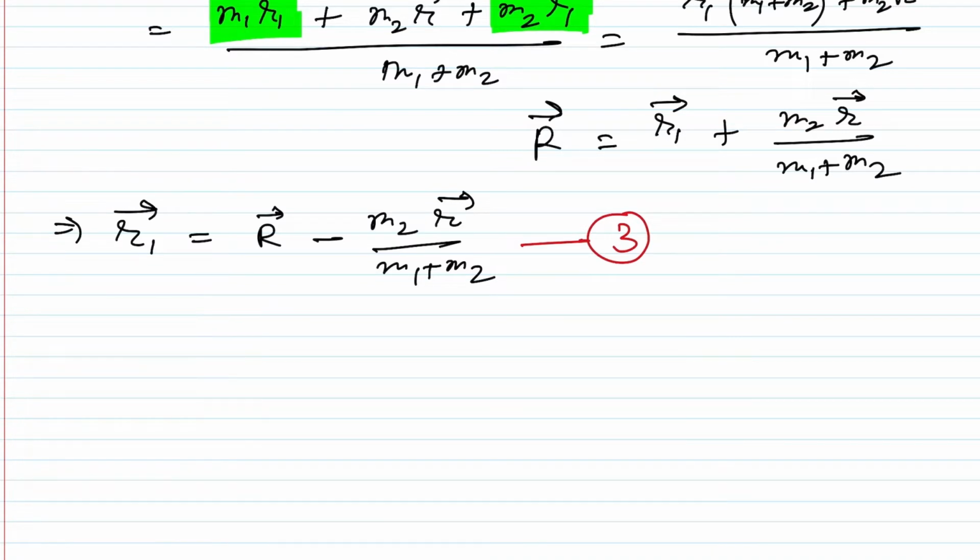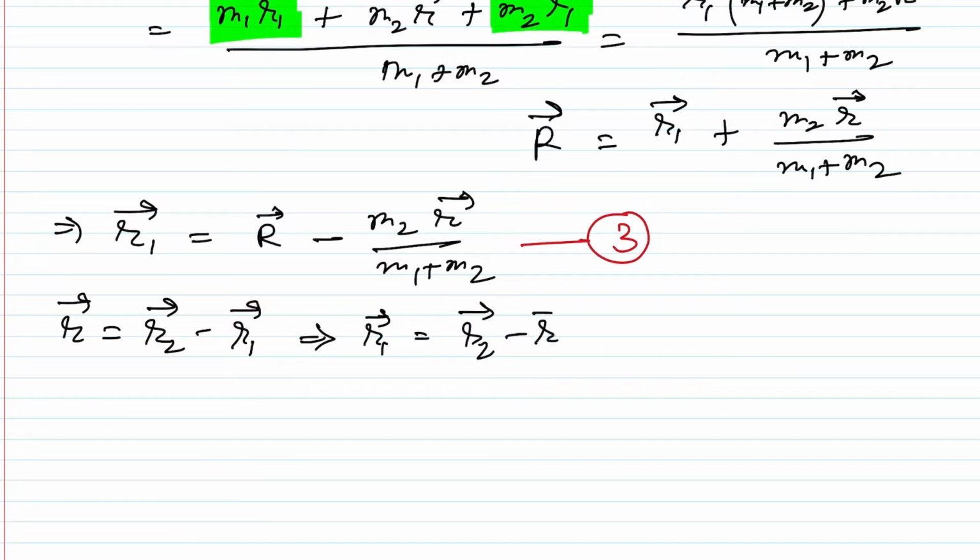So in order to find r2, again from the relation r vector is equal to r2 minus r1 vector, from here we can find r1 is equal to r2 vector minus r vector.